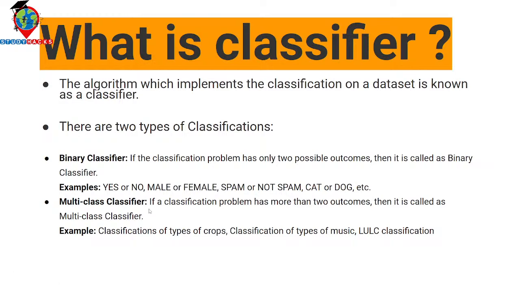A multi-class classifier is used when we can get more than two outcomes. Okay, suppose land use land cover classification. I want to classify, suppose, built-up area, settlement, vegetation, water body, cropland. So it's a multi-class classification, as well as classification of types of music, or types of crop. So it's a multi-class classifier.